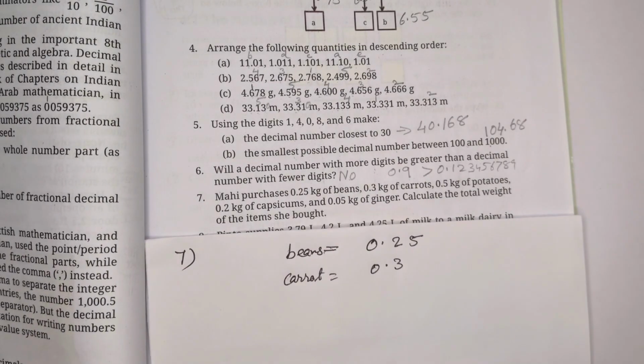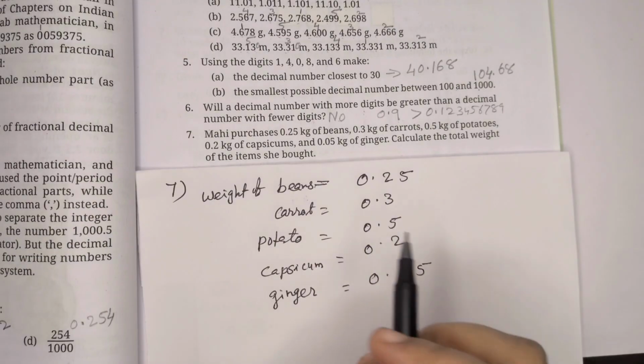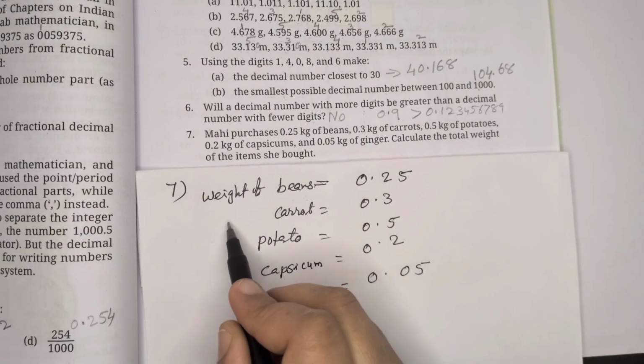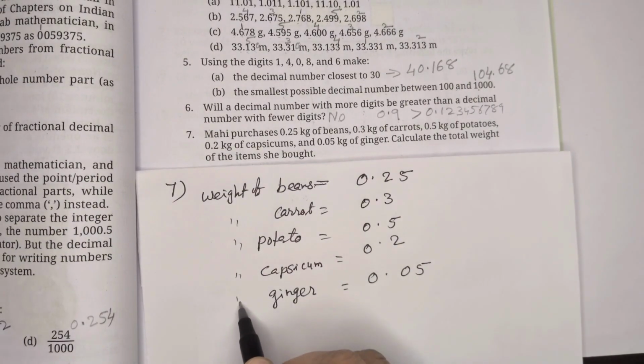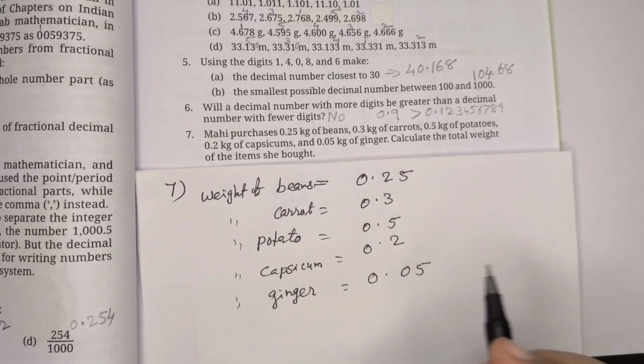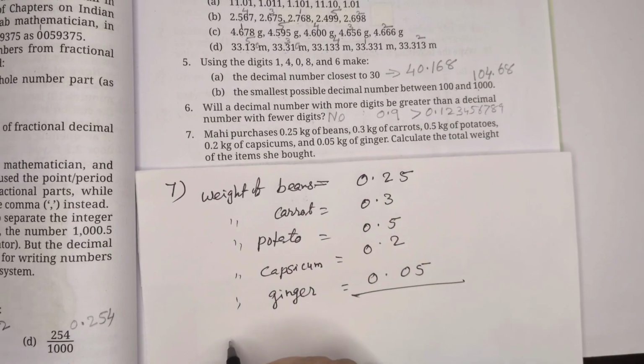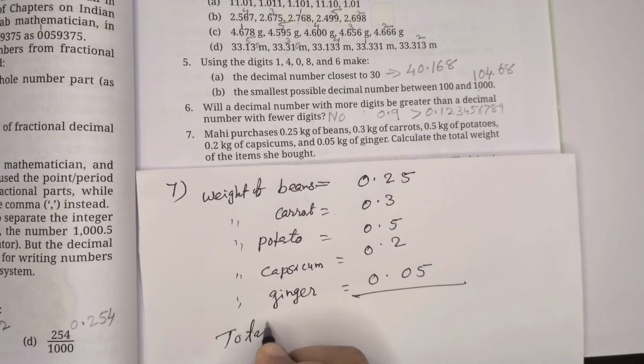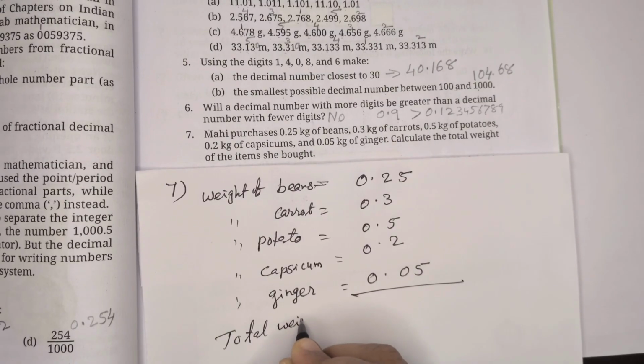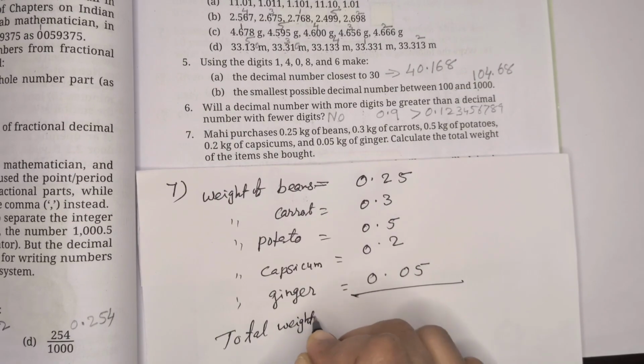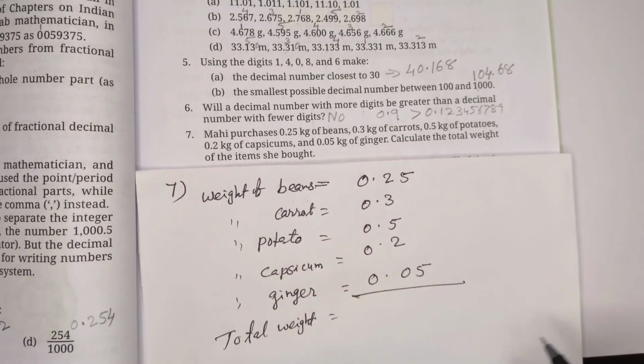We can write all the items in order, the weight of beans, carrot, each one of these items like that. So for the total weight, you have to add all of this.